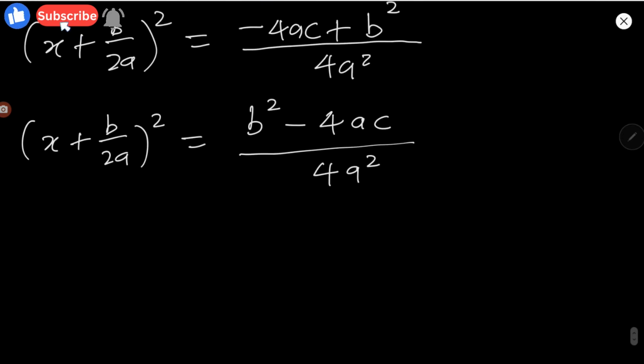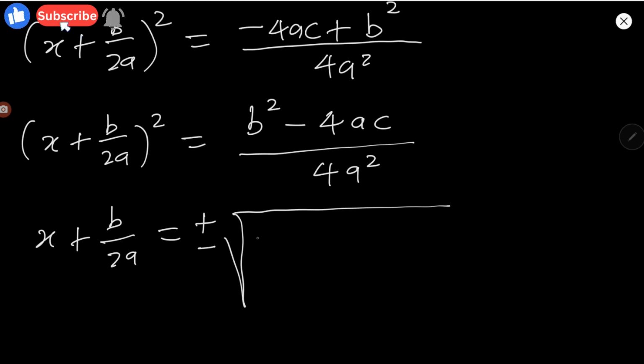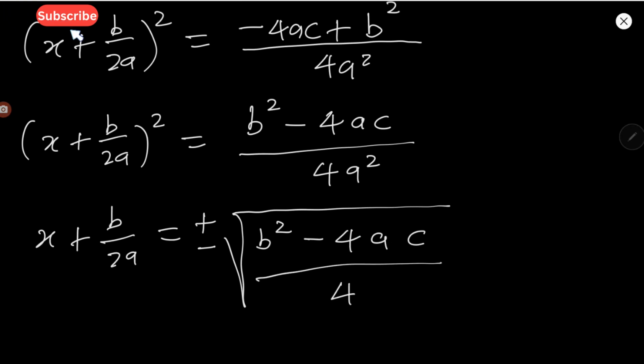Now I can take the square root on both sides. So if I take the square root, I'm going to have x plus b over 2a is equal to plus or minus the square root of b squared minus 4ac over 4a squared.